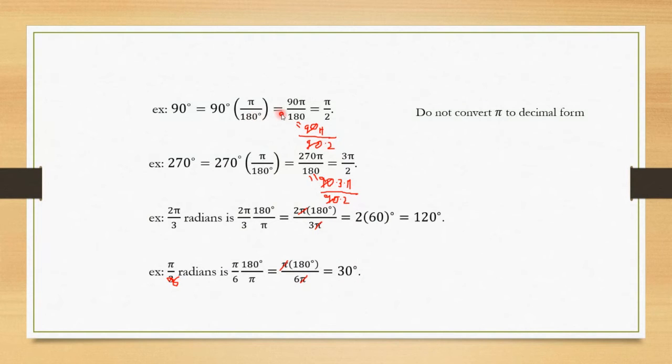We're left with 90 pi over 180. But 180 is 90 times 2, so the 90s cancel. We're left with pi over 2. Again, notice I didn't write pi over 2 radians, but there's no degree symbol here, so it's understood to be in radians.